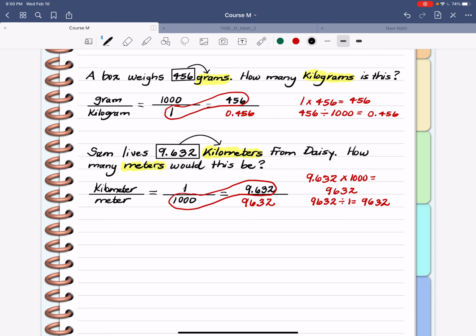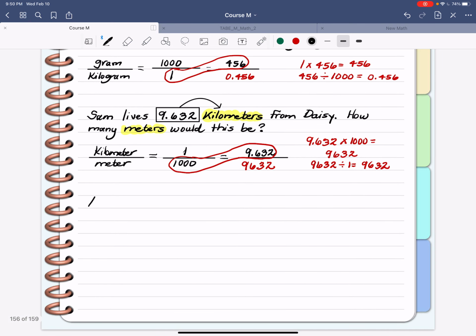Okay, one more. A medicine bottle weighs 13.6 grams. The bottle weighs 1.6 grams.